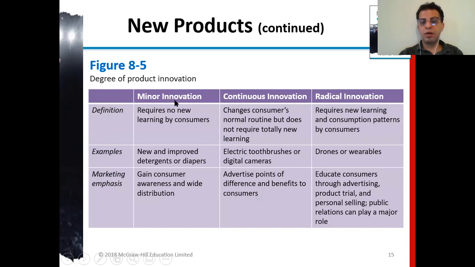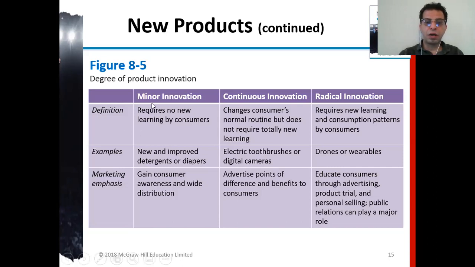In minor innovation, you do a little bit of innovation. There is another type, continuous innovation, where you keep doing it continually. And there is radical innovation, like DVD players changing to different players, like music players becoming the iPod, for example.